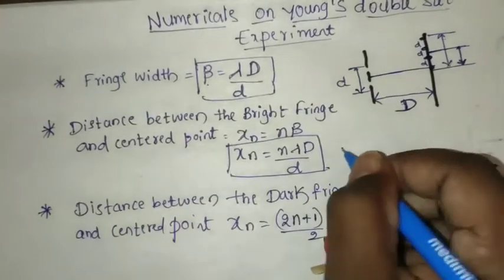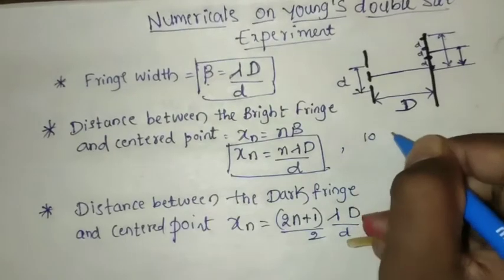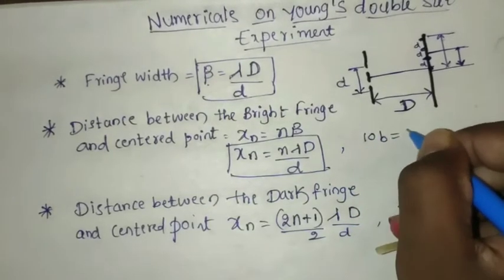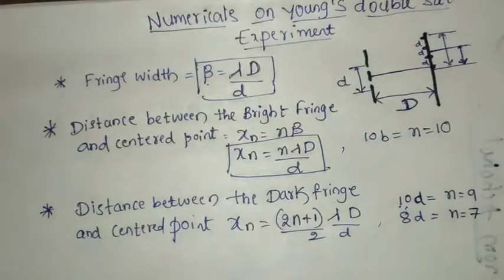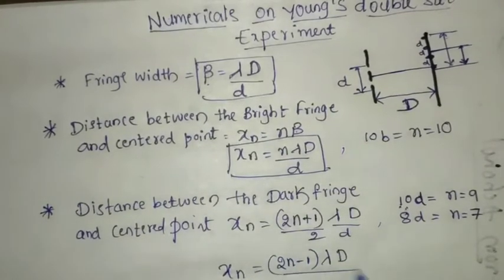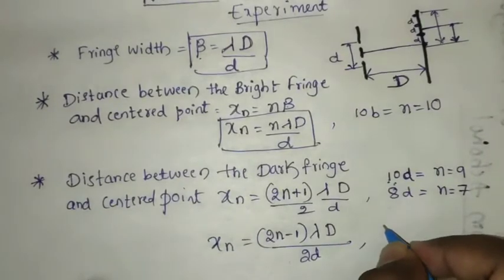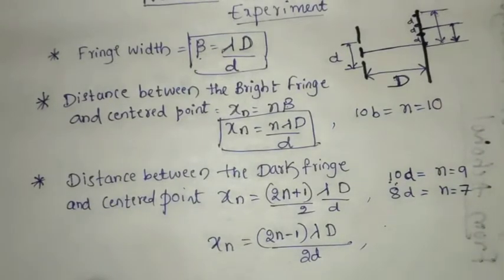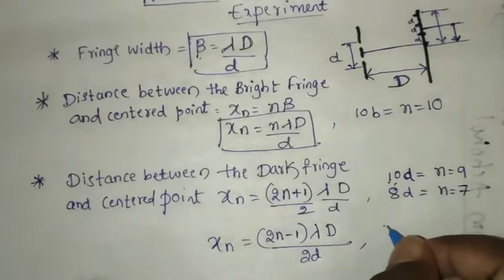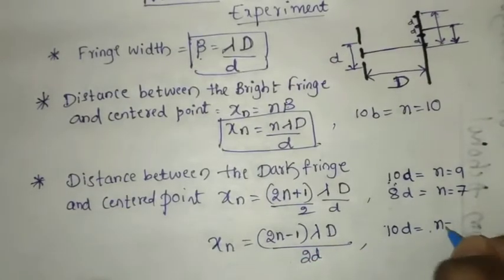For a bright fringe, if they ask for the distance between the 10th bright fringe and the central point, n remains the same, that is n equals 10. There is one more formula for dark fringes, 2n minus 1 into lambda D divided by 2 small d. If they ask for the 10th dark fringe using this formula, we take n as 10 only.